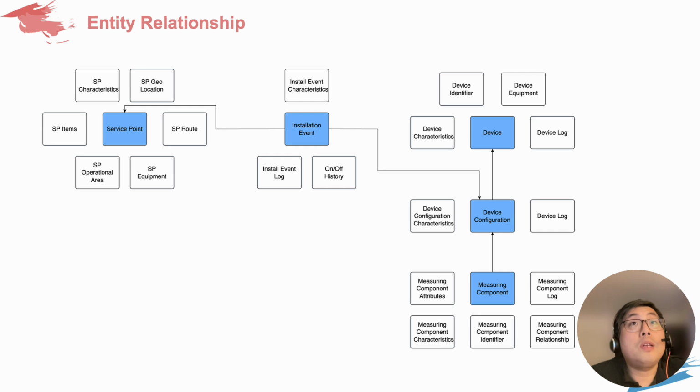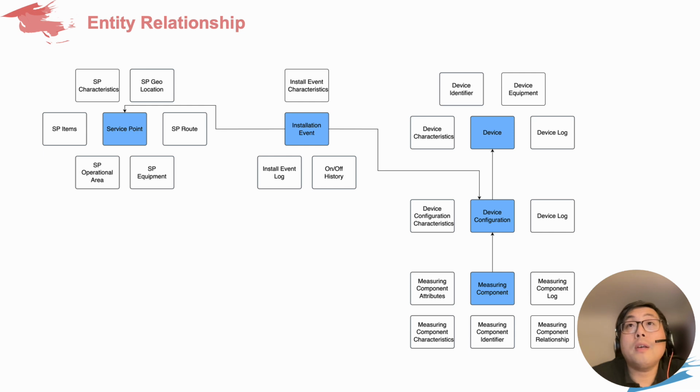Installation events would have a log on and off history, which keeps track of whether the device is on or off for various purposes. We can monitor this history to understand what has been happening, or maybe whether there is meter tampering activity. So this information is important to keep on record.